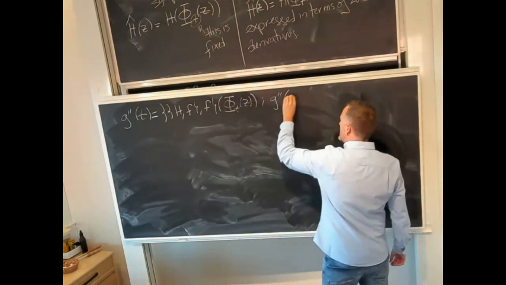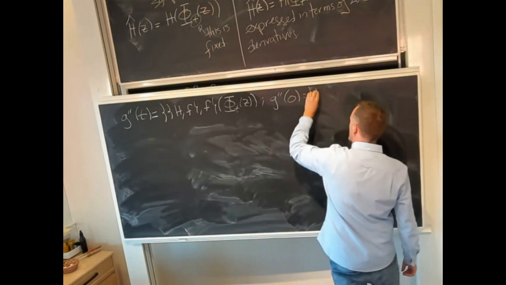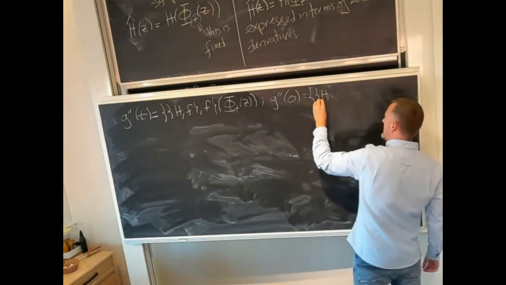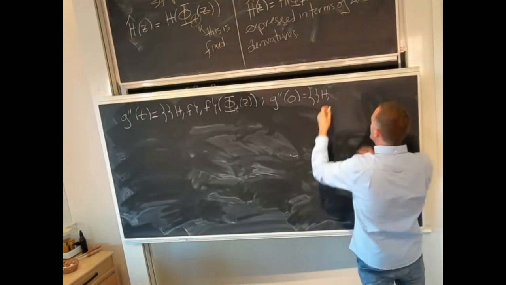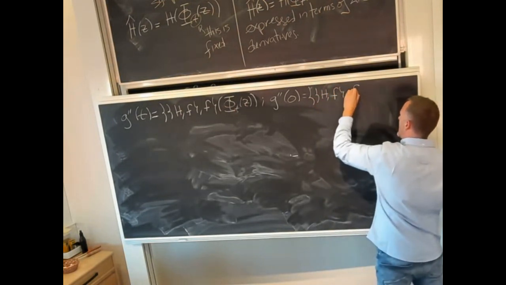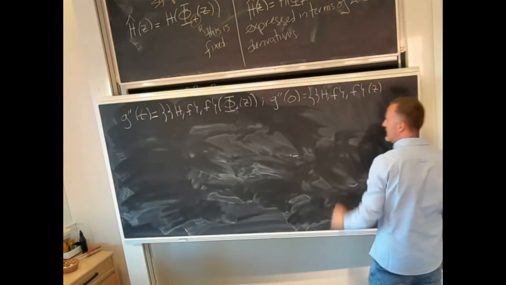So the second derivative at 0 is the Poisson bracket of the Poisson bracket of h against f, against f, at z.